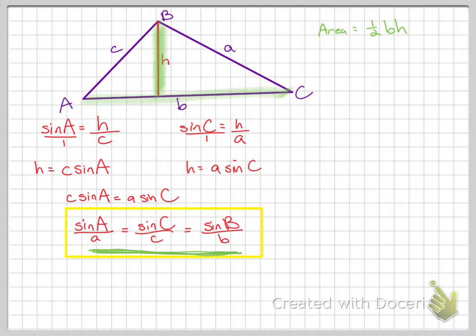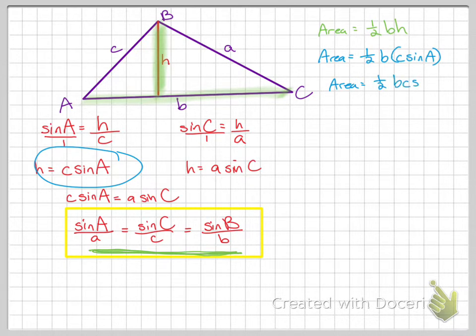with one of the h's we found earlier, let's go with this one, then now I know the area of this triangle is 1/2 b times, now I'm replacing h, right? So C sine A, and without the weird parentheses, that's 1/2 BC sine A. But you might be saying, well, why did you choose that h?